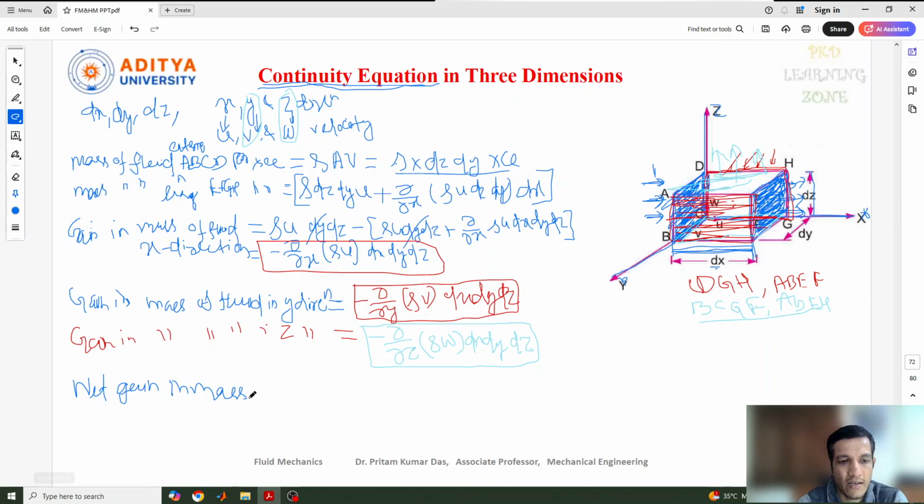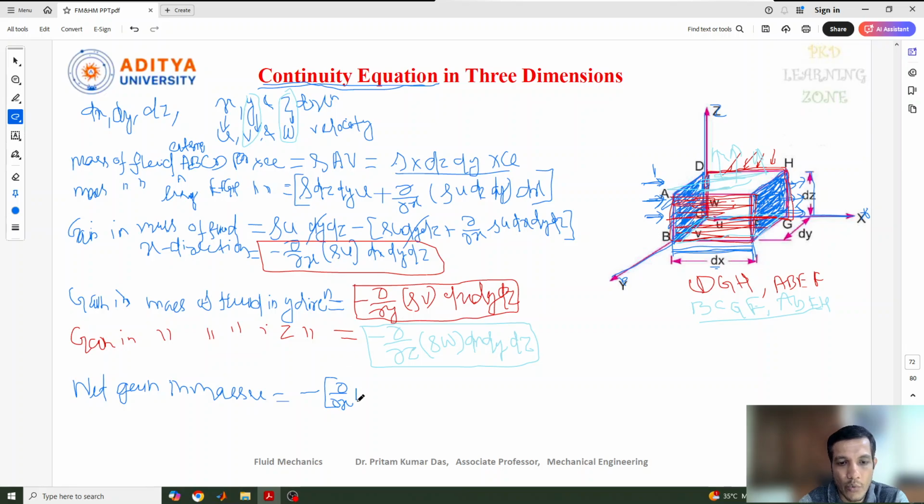So net gain in masses equals, for all these values, del by del x, and dx, dy, dz is common everywhere. So we can write this one, take the minus common, and give a square bracket of this. Now write down del by del x.